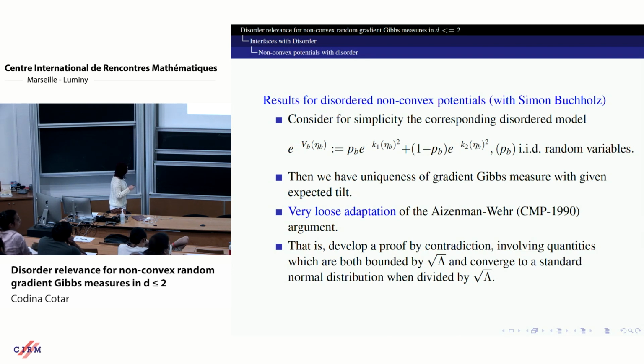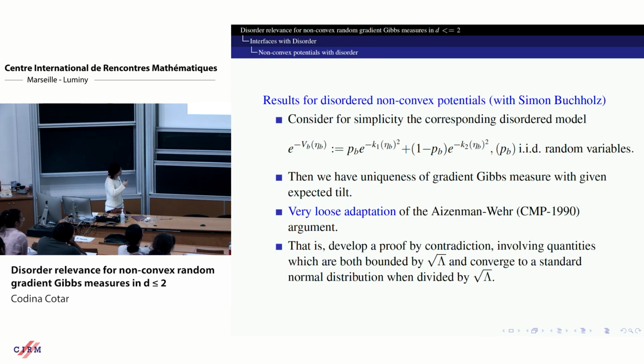Now we are going to make these p random variables, and when you do that, the non-uniqueness turns out to disappear. We have more general potentials than this, but what happens is that when you add suitable disorder in the system, then you will have uniqueness of gradient Gibbs measure.